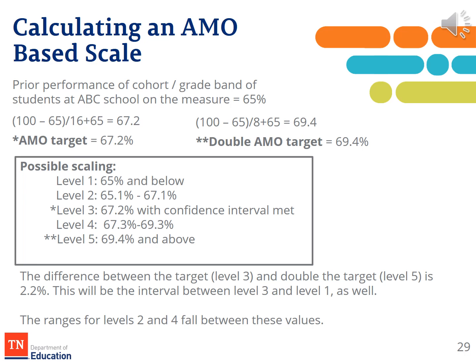The difference between the target, level 3, and double the target, level 5, is 2.2%. This will be the interval between levels 3 and 1 as well. All ranges for level 2 and 4 fall between these values. AMO targets are rounded to 1 decimal place.